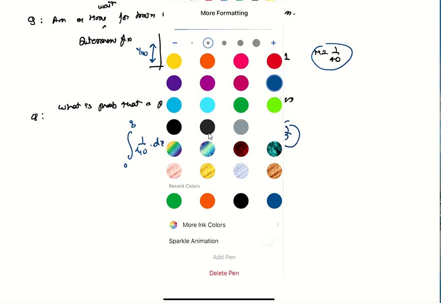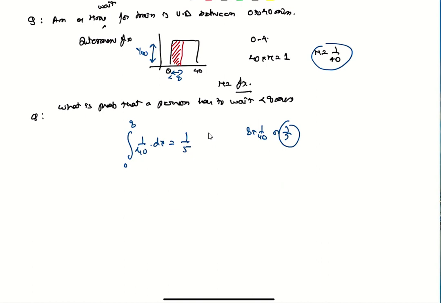Now another question is, what is the probability that a person will wait more than 30 minutes? Again, we can do this with an integration from 30 to 40.